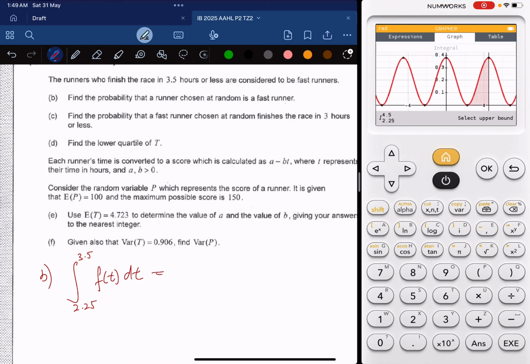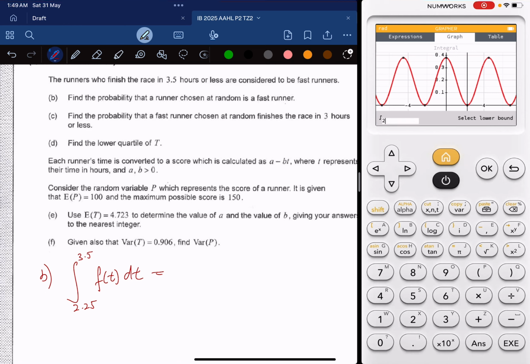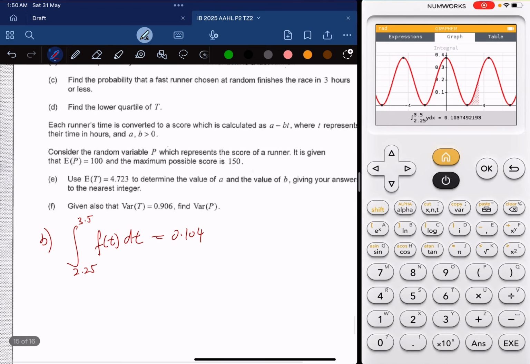Pretty easy, so just go to your GC again. So integrate 2.25, upper bound 3.5, 0.104. Okay, 0.104. So just the first part. Okay, it's 2 marks. Easy.